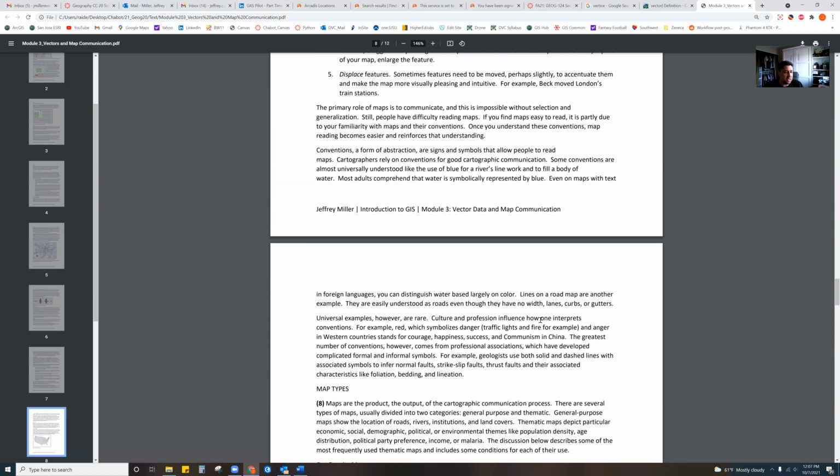Conventions would be something like a universal understanding of specific features, right? Now, you'd say green means good, red means bad, right? Those are kind of societal conventions, and those can be communicated on a map where, generally speaking, those are interpreted quite easily.